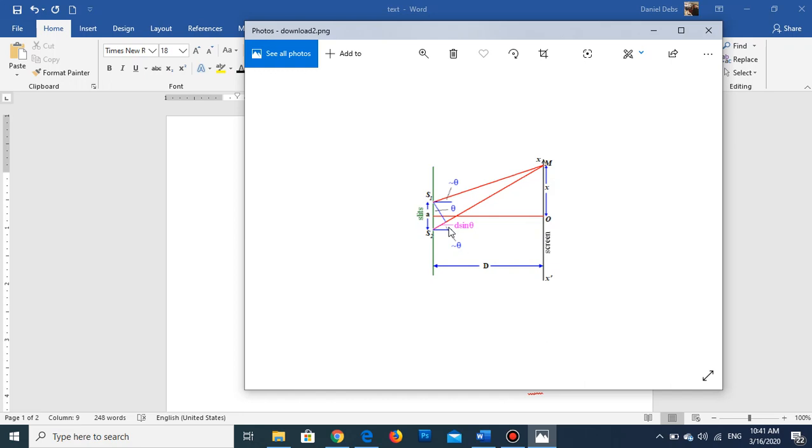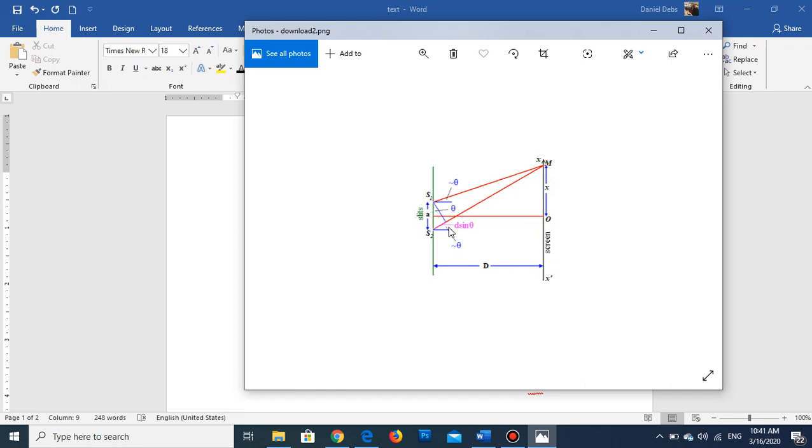This is the central fringe, because if k equals 0, then delta, which is k lambda, is equal to 0. Delta equal to 0 is the central fringe. And where is this point? If x equals 0, then it is O itself. O is the central bright fringe.